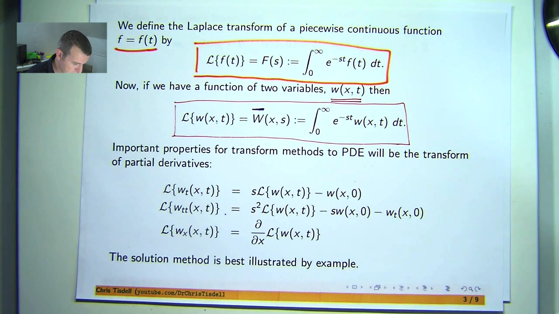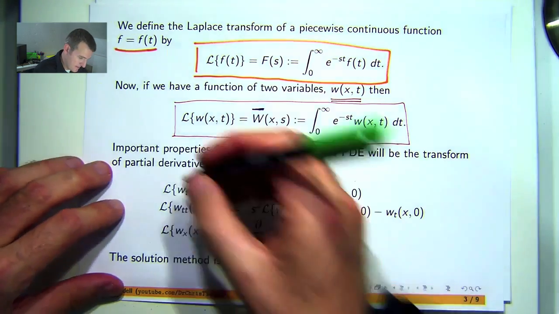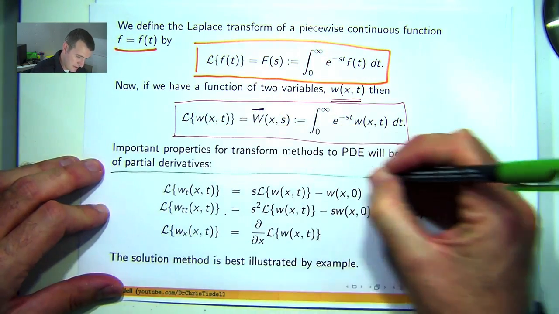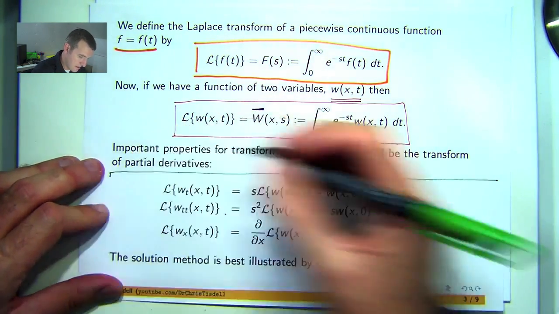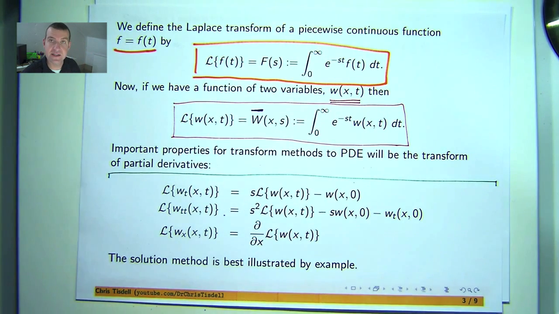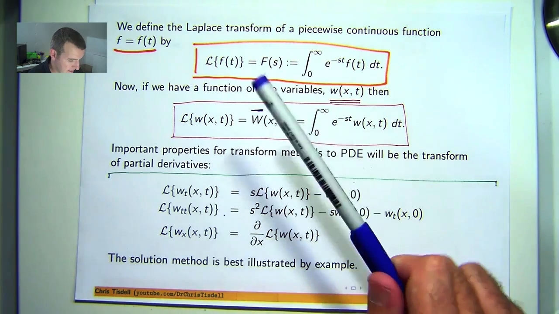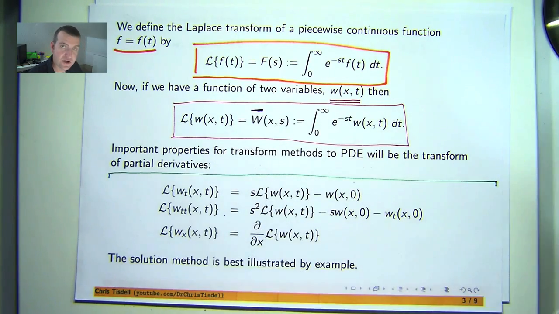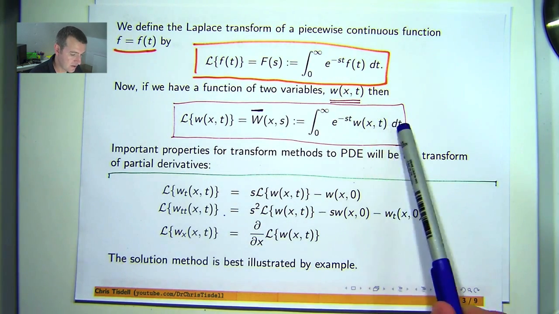All right, some important properties for our investigation today is going to be the transform of derivatives. So, in all of these transforms, I'm transforming with respect to the t variable.